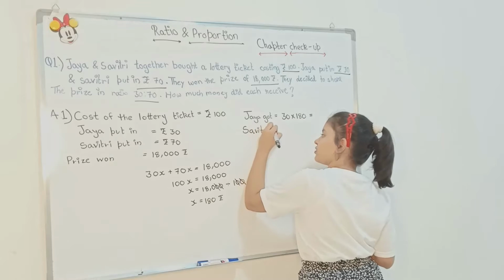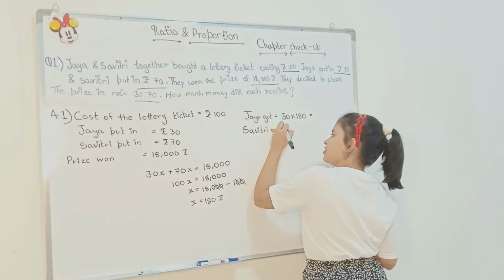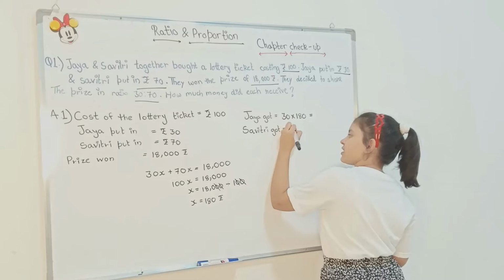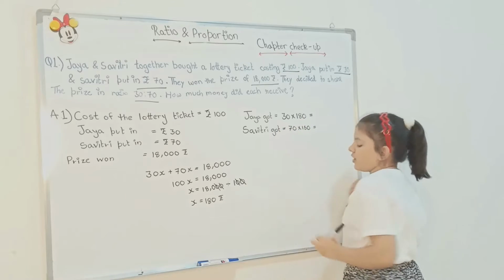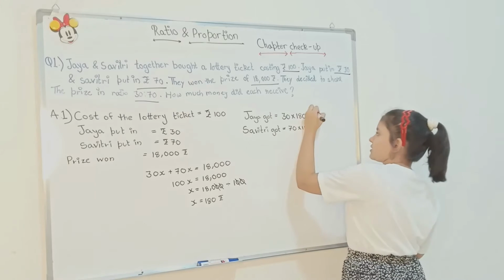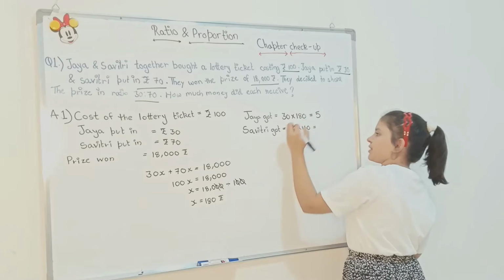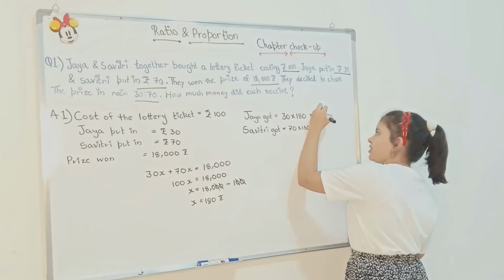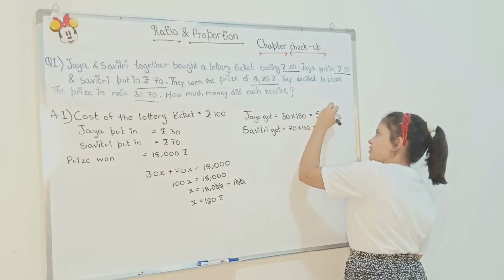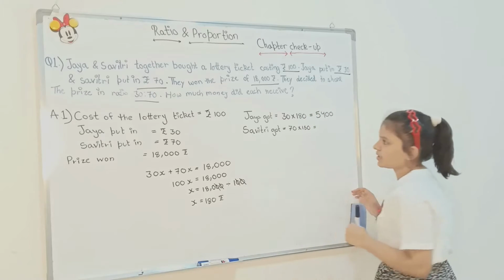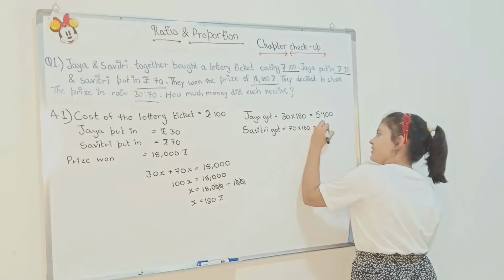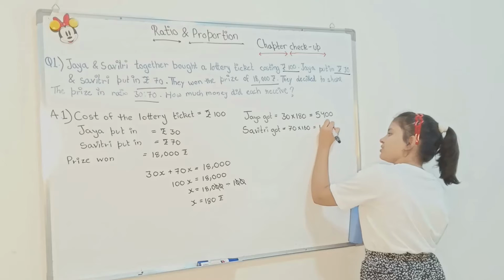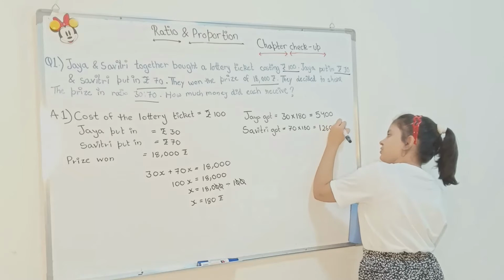Savitri got is equal to 70 into 180. Once we multiply them, we get the answer. How much did each of them get? Multiplying 30 into 180, we get 5,400, and multiplying 70 into 180, we get 12,600 rupees.